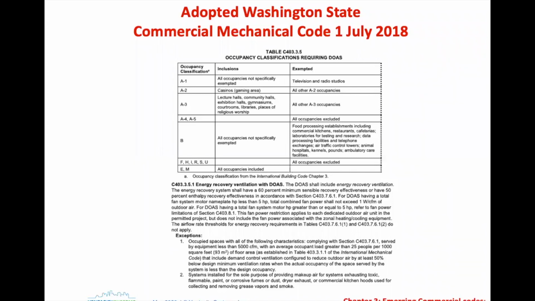Again, you'll be able to get these slides and look at all the minutiae here, but the bottom line is that inclusions are lecture halls, community halls, and all occupancies not specifically exempted. So these are the different occupancy classes. What it really entails is most commercial buildings with few exceptions.